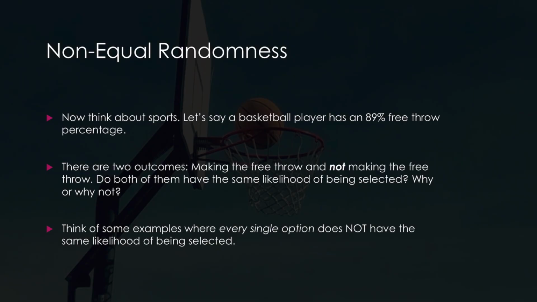Let's say a basketball player has an 89% free throw percentage, but there's only two outcomes. They can either make it or they don't make it. So is it the same likelihood that they make the free throw and they don't make the free throw? No, we know that there's an 89% chance that they do make the free throw. This is not equal randomness. It is not an equal probability of making the free throw versus not making the free throw.